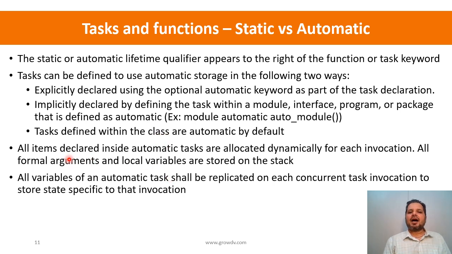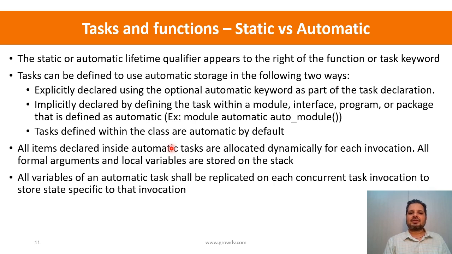And all the variables declared within the automatic task are allocated dynamically. For each invocation they are allocated, and all the formal arguments and any local variables are also stored on the stack, so that each invocation can have its own copy. All variables of an automatic task shall be replicated on each concurrent task invocation to store those specific values.